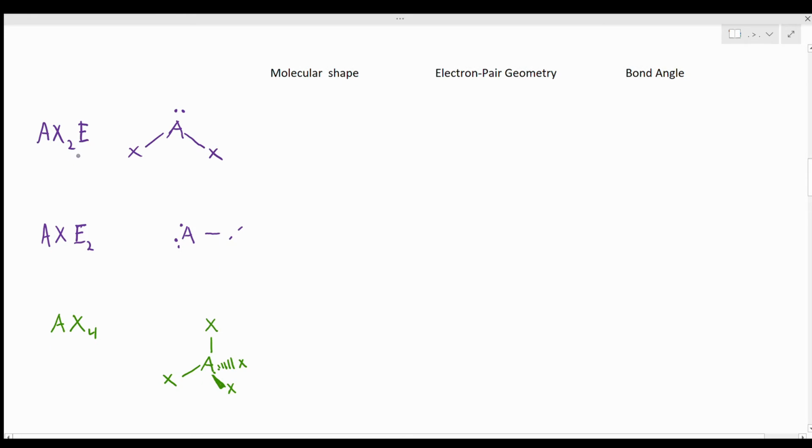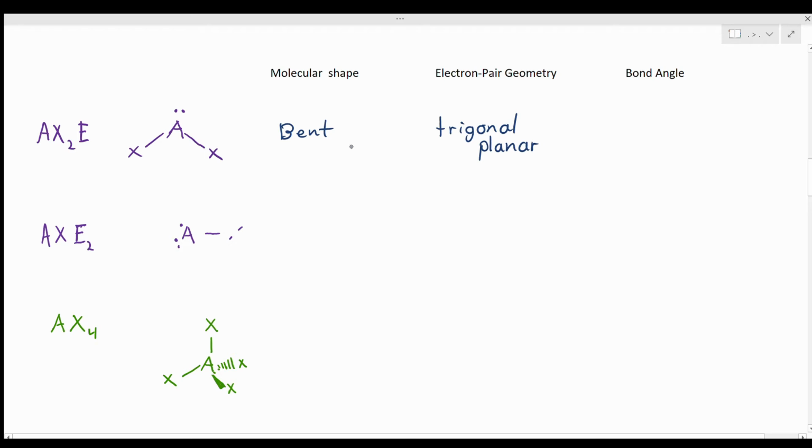Now we have AX2E, so we have one central atom, we have two outer atoms, and we have one lone pair of electrons on A. The molecular shape here, we call it bent. And the electron pair geometry, trigonal planar.